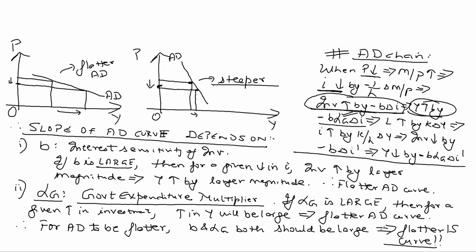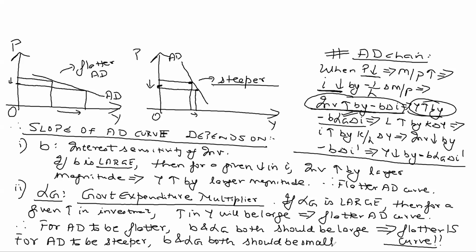The reverse will happen for IS to be steep. So I can say for aggregate demand to be steeper, B and alpha G both should be small, which means a steeper IS curve.